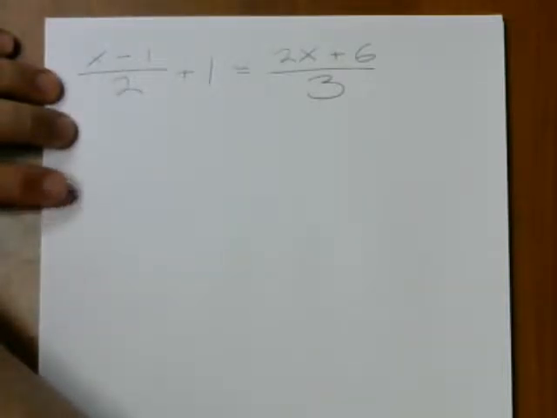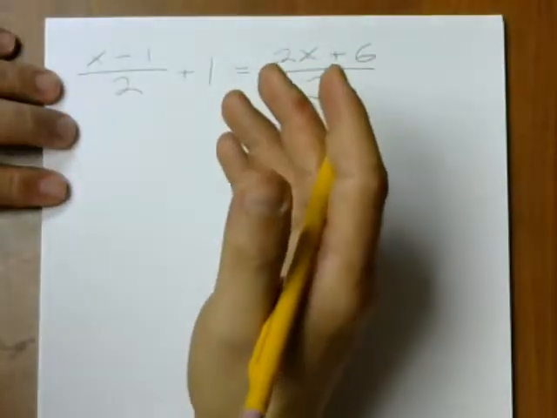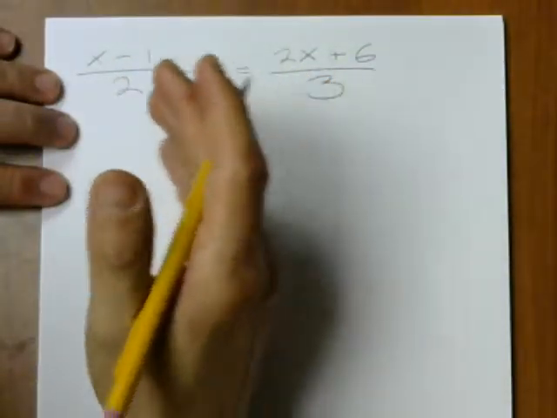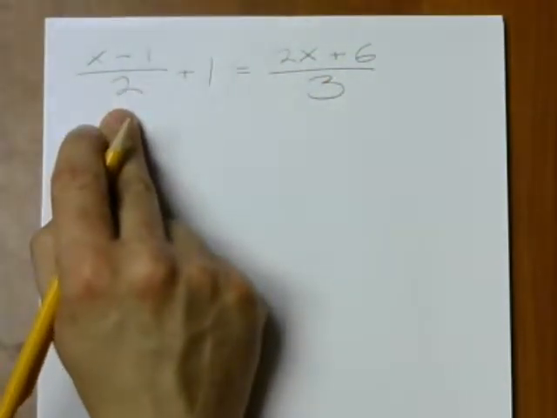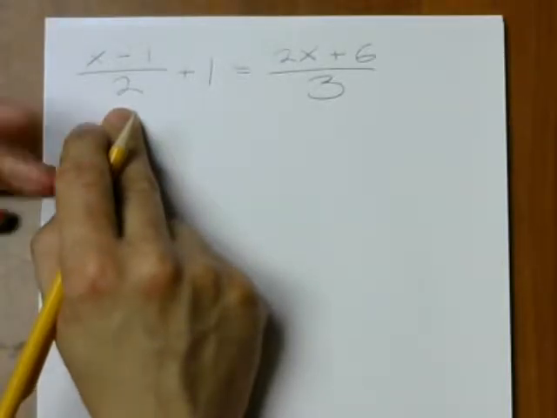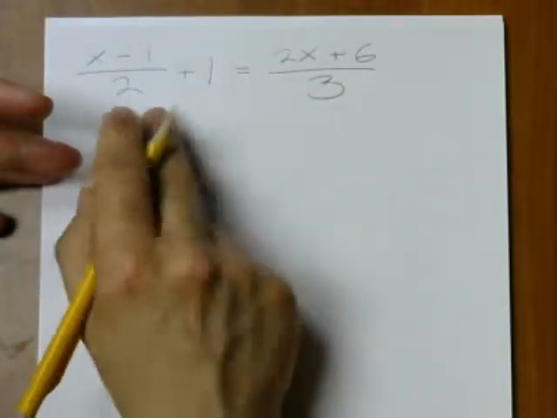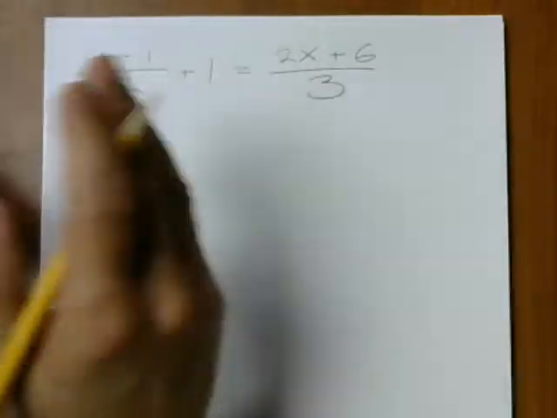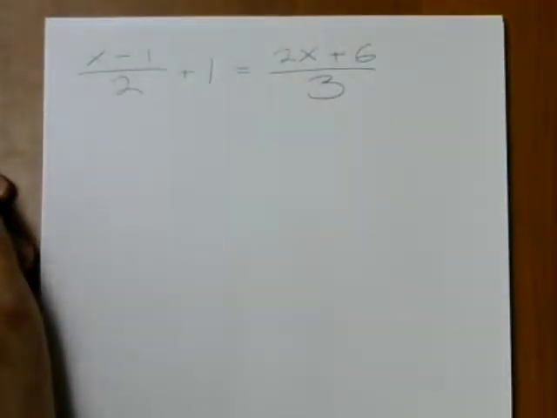There's a lot of different ways that we can work on this. So some people just don't like fractions. And one thing we can do is get rid of all the fractions right off the bat. So if I multiply both sides by 2, I'd get rid of this fraction. I can't just multiply the left side by 2 without multiplying the right, but if I multiplied both sides by 2, it would get rid of that fraction.